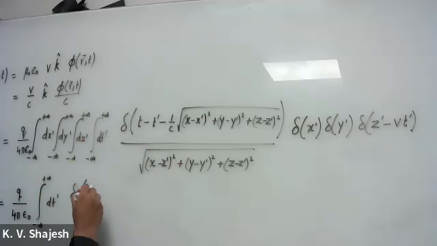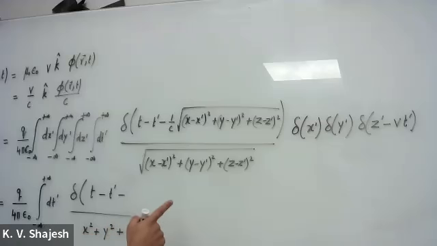Or I can do that also, but you'll see that that's a little tricky. The denominator, x prime becomes 0. So that's x squared plus y squared plus z minus, instead of z prime, it is vt prime now.